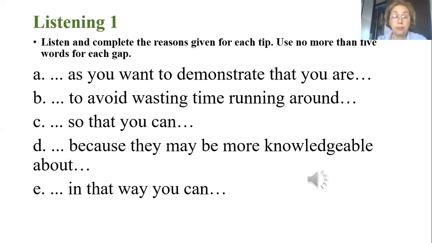Nisanur, are you here? No, she's absent. Well, Akram, what did you write here? In the last one, is it C? I would say it's refer to them quickly. So you can refer to them quickly, okay?